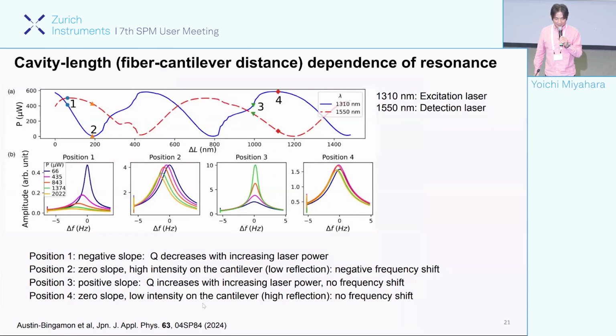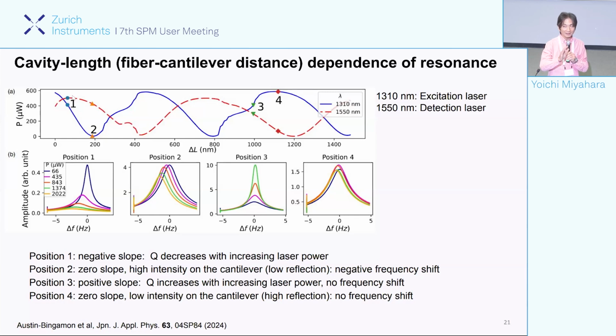And here's the result. We get these two interferograms. The blue one is the excitation laser, and the orange one is the detection laser. Here we focus on 4 fiber positions. At position 1, you can see the slope of the detection laser is almost 0.